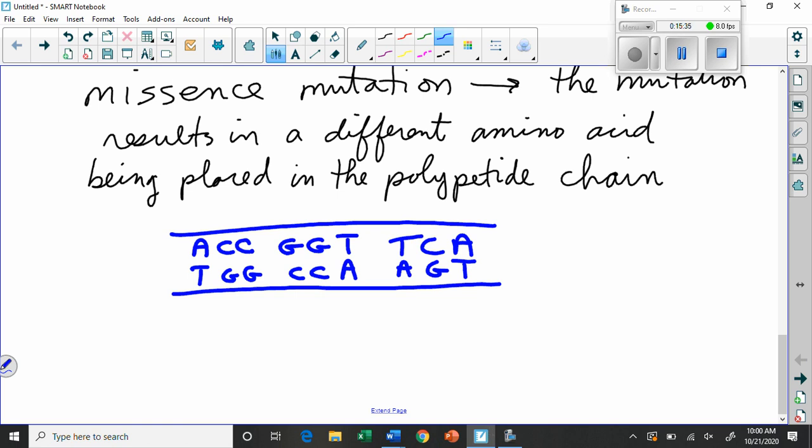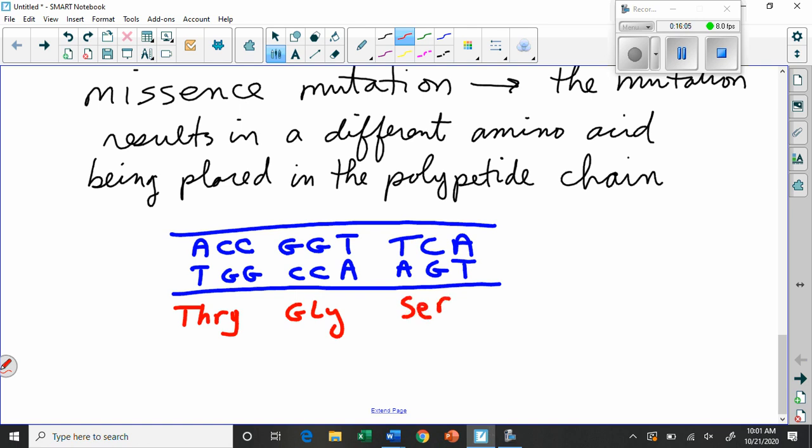So if we look at that as ACC, that would be a threonine, I think. So this first amino acid is threonine. I'll just put THR like that, threonine. And then the next one should be glycine. Glycine. And then the next one should be serine.